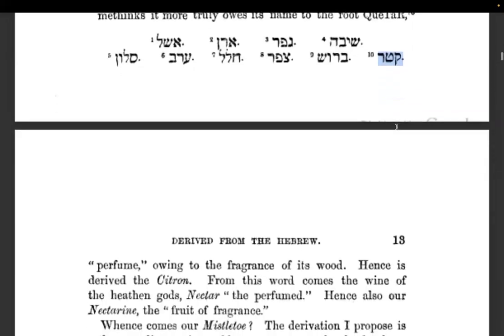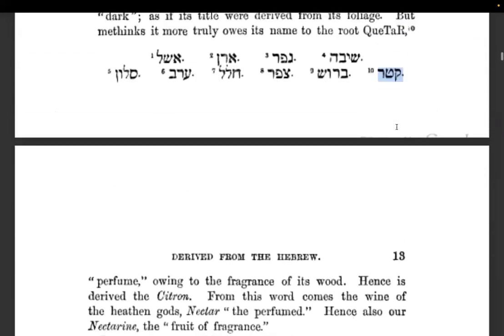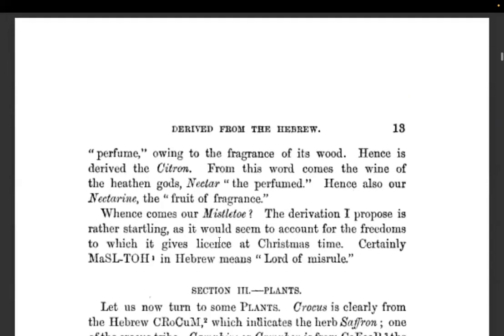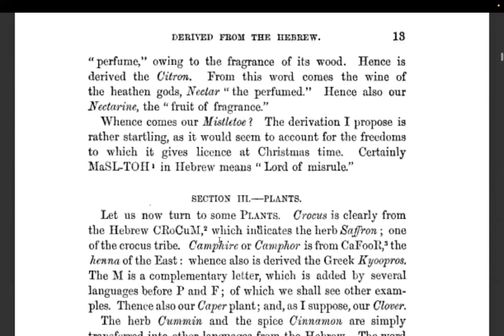So that is quite possibly where that came from, like you said. But that kutar is perfume, owing to the fragrance of its wood.